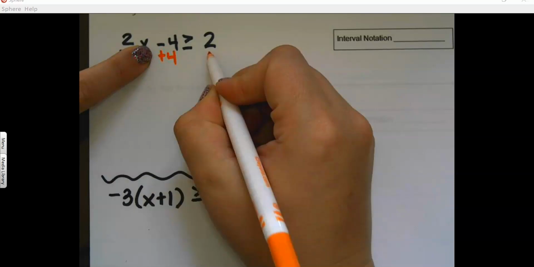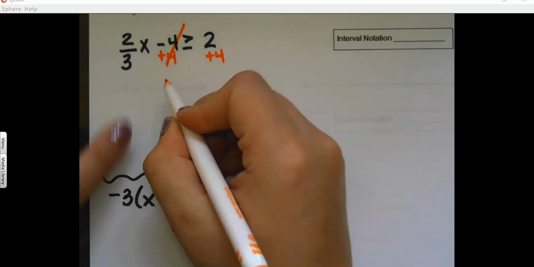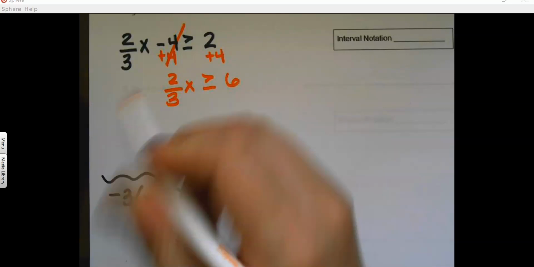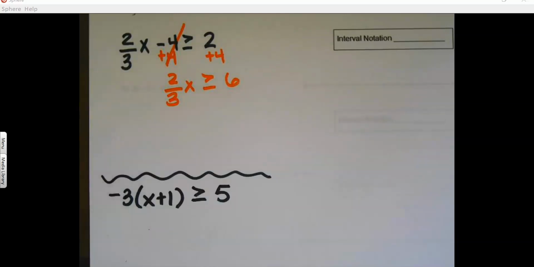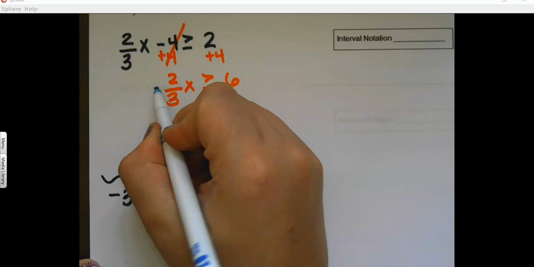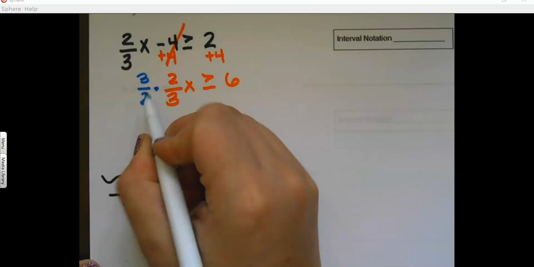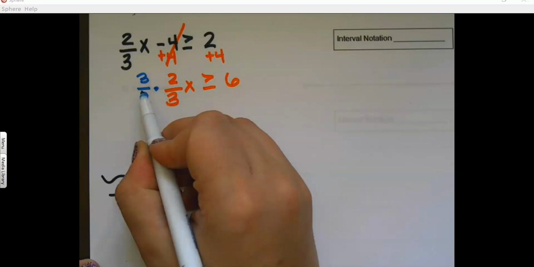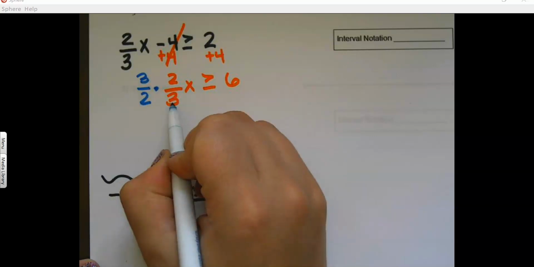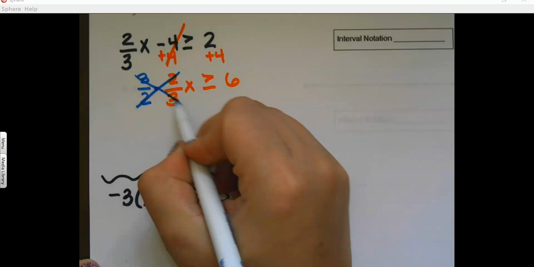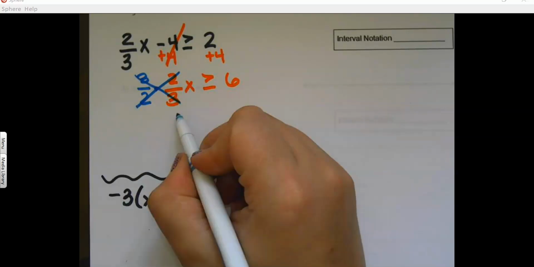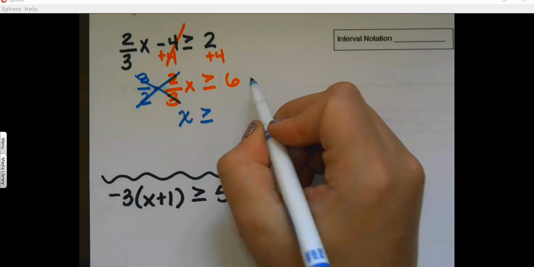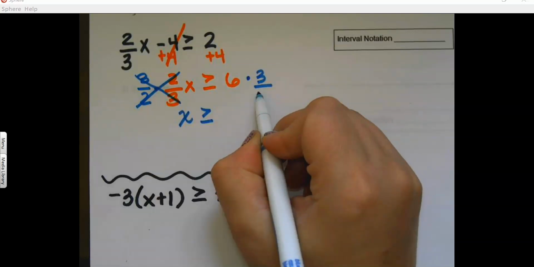We're going to add 4 to both sides. Because this is a fraction, instead of dividing, we multiply by the reciprocal, because this would make 6 divided by 6. That's why these go away and make 1x. Whatever you do on this side, we have to do on the other side.